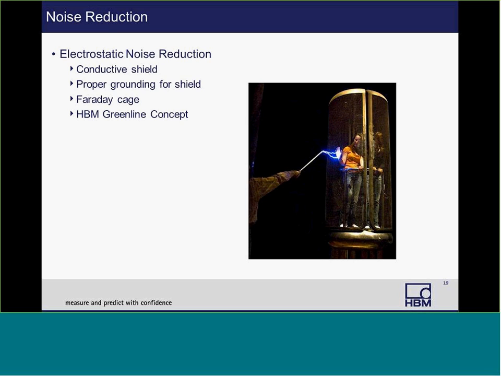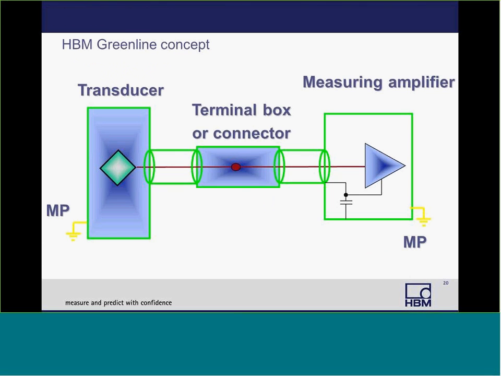And what HBM has done is we have what we call the HBM Greenline concept. With the HBM Greenline concept, the complete measuring chain is fully enclosed in a Faraday cage through the design of the cable shield.